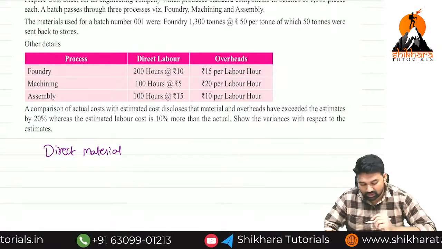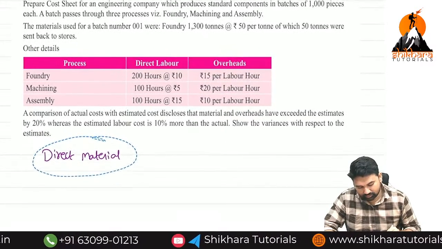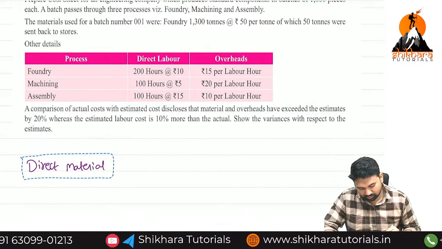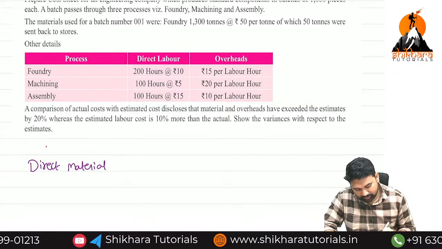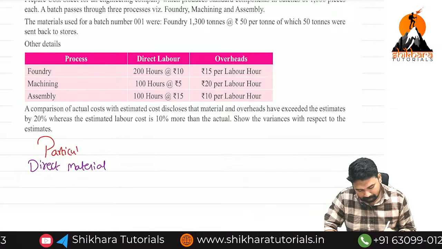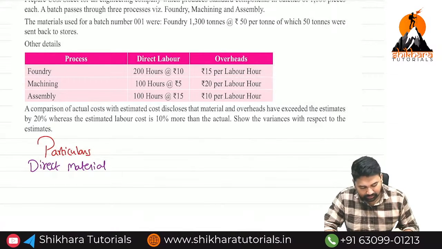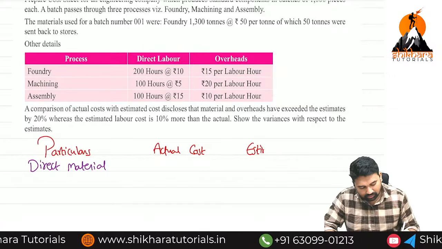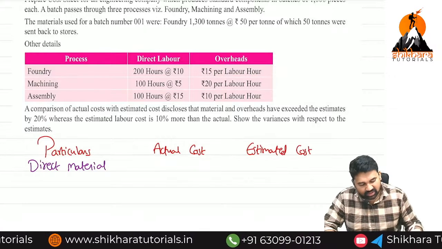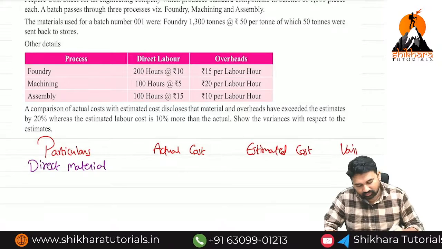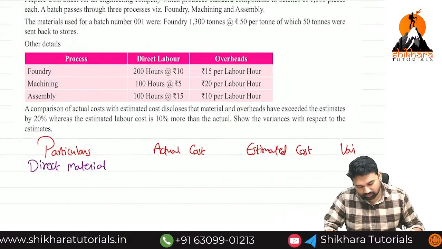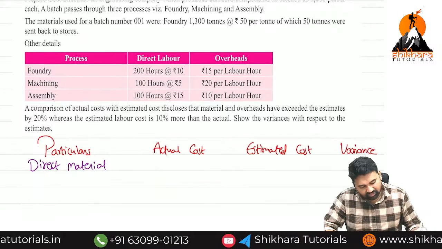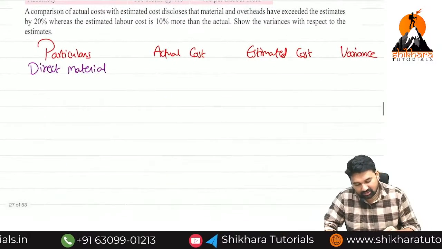Direct material. So the columns are particulars, actual cost, estimated cost, variance.